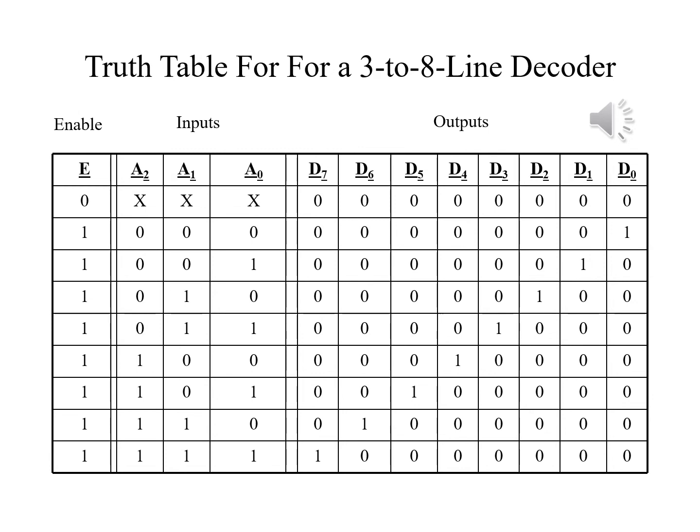In each case, one of the D lines will be 1, the others will all be 0. 0, 0, 0 as an input will give us a value for D0 and 0 for all the others. If the inputs spell 0, 0, 1, it's D1 that will be 1 and the others 0, and so on. The idea is that one and only one of these will produce an output.